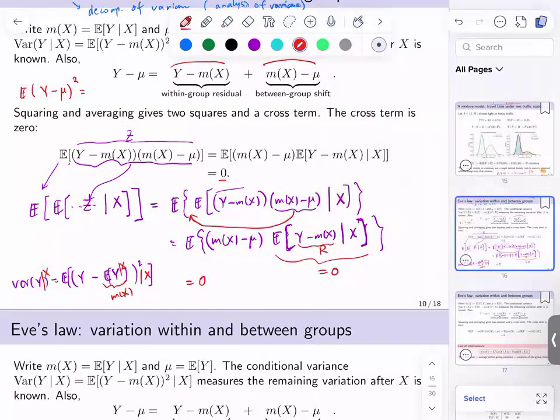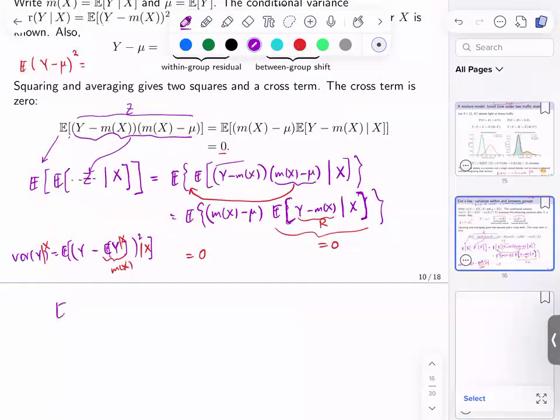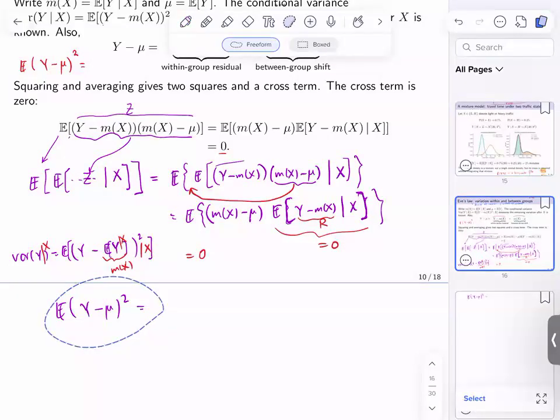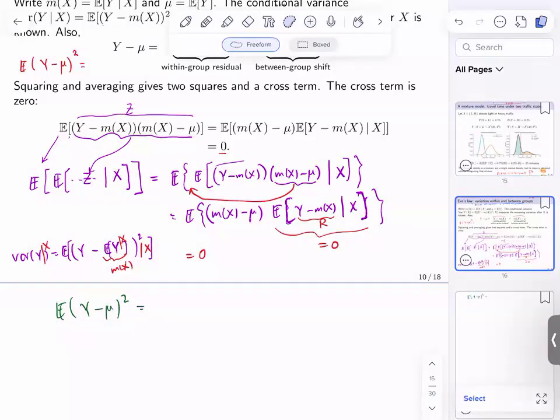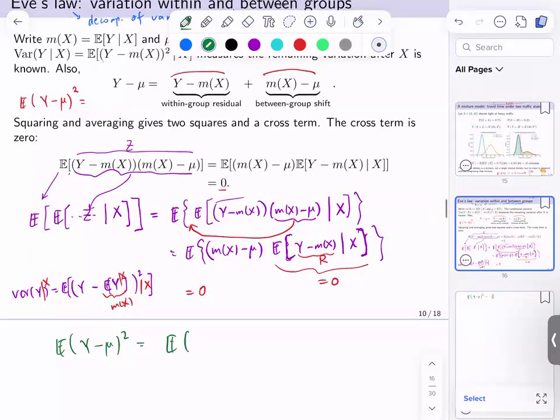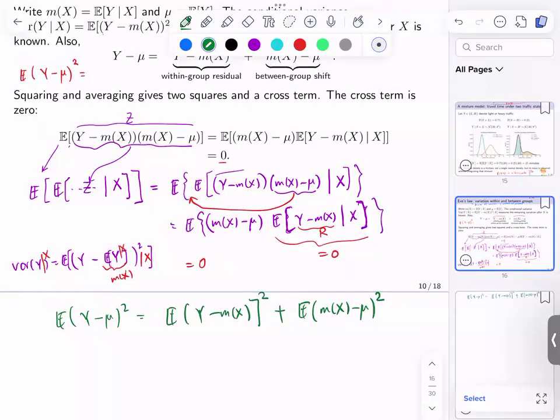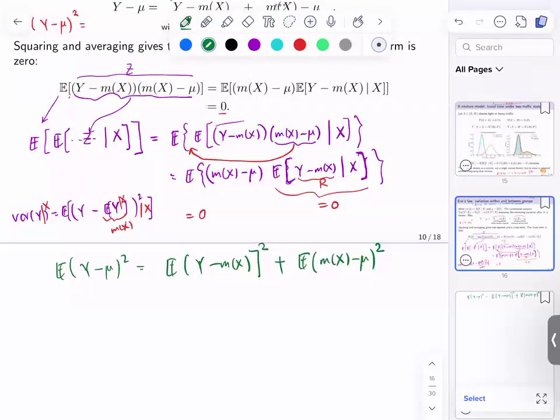When I do the expectation of y minus mu squared, what I'm going to get is the expectation of the first term, which is y minus m of x squared, plus the expectation of m of x minus mu squared, plus the cross term, which is twice the expectation of this, which is 0.